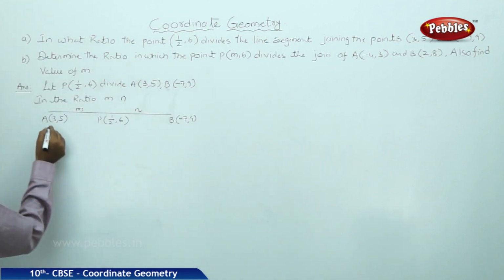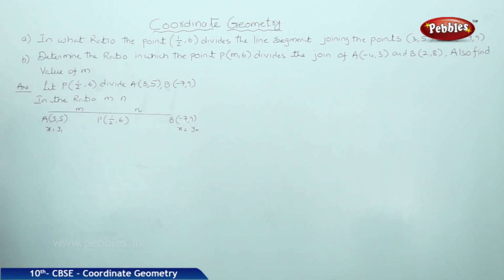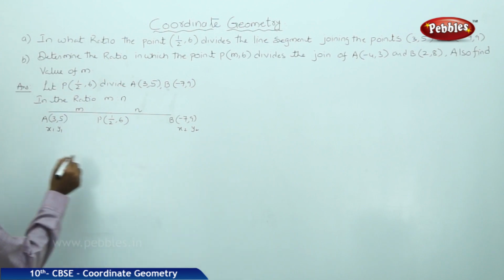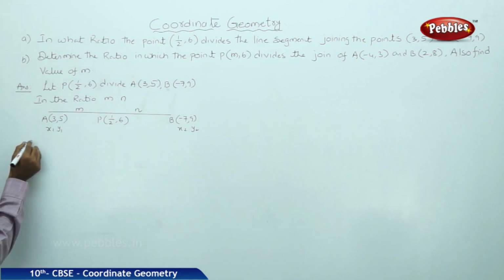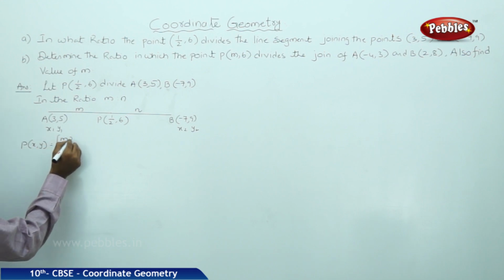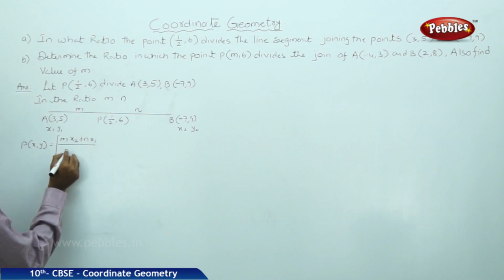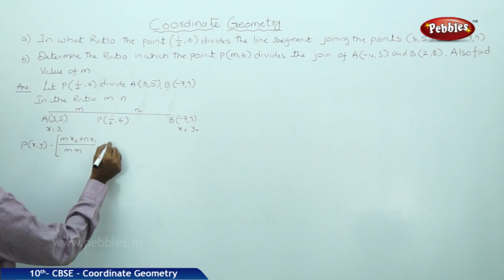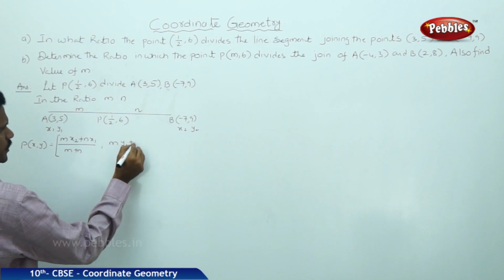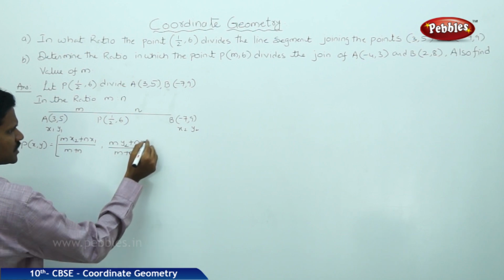Now (x1, y1), (x2, y2). Now P(x, y) equal to (mx2 plus nx1) by (m plus n), (my2 plus ny1) by (m plus n).